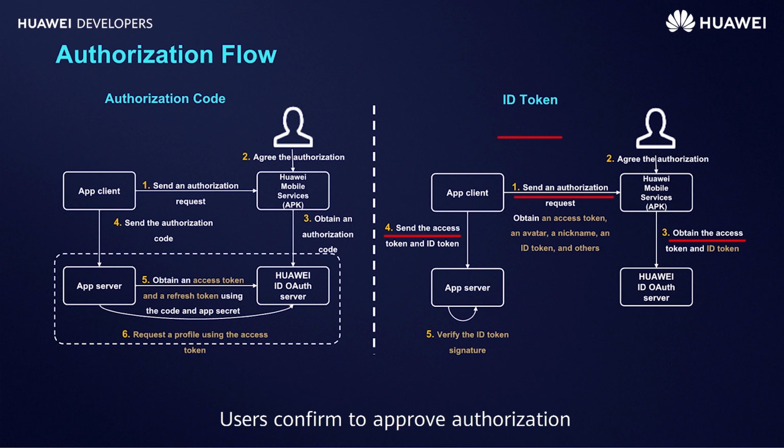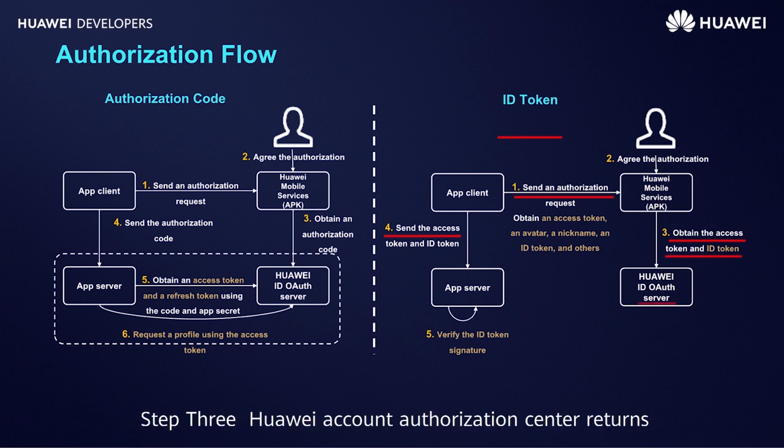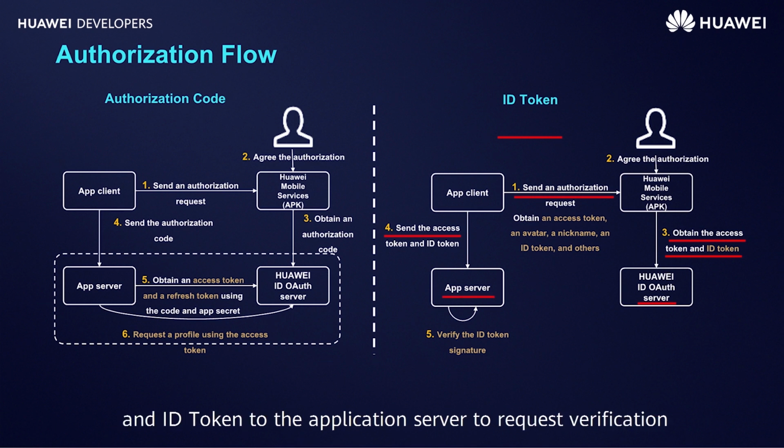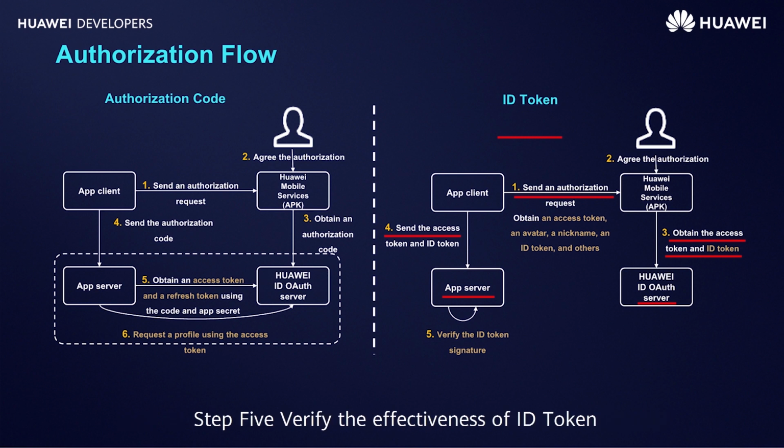Users confirm to approve authorization. Step 3. Huawei Account Authorization Center returns the information of access token and ID token. Step 4. The app client sends the access token and ID token to the application server to request the verification. Step 5. Verify the effectiveness of ID token.